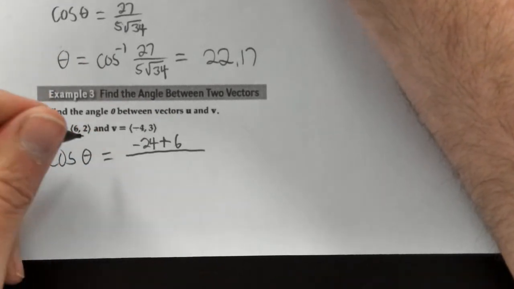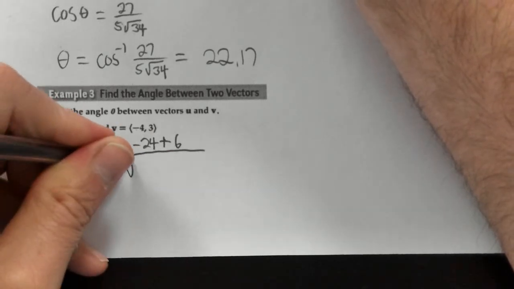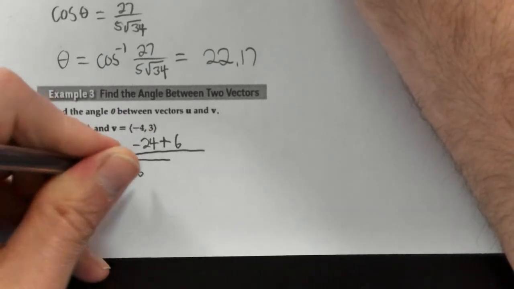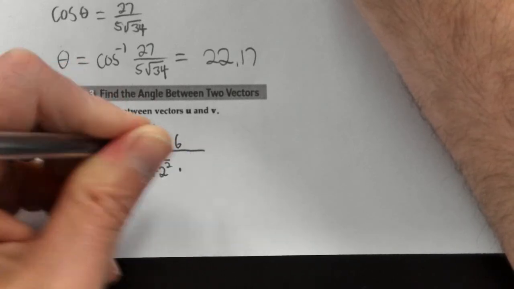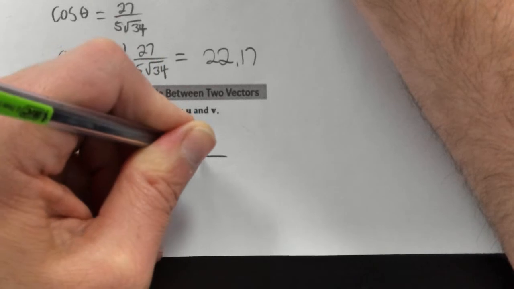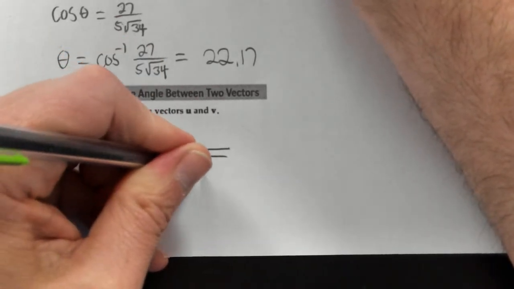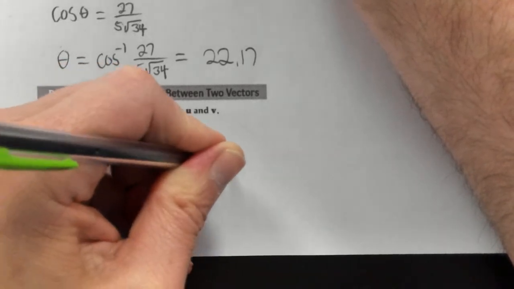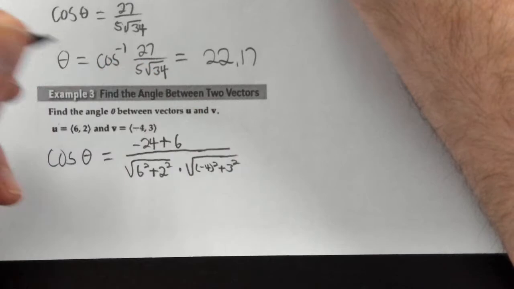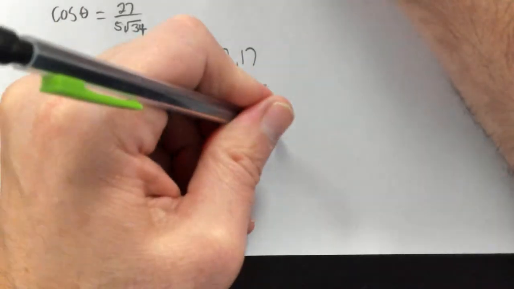On the bottom, I need the product of the magnitudes. So the magnitude of the first vector would be the square root of 6 squared plus 2 squared, times the magnitude of the other vector, which is the square root of negative 4 squared plus 3 squared. All right. And we can keep this going to negative 18 on the top of the fraction.